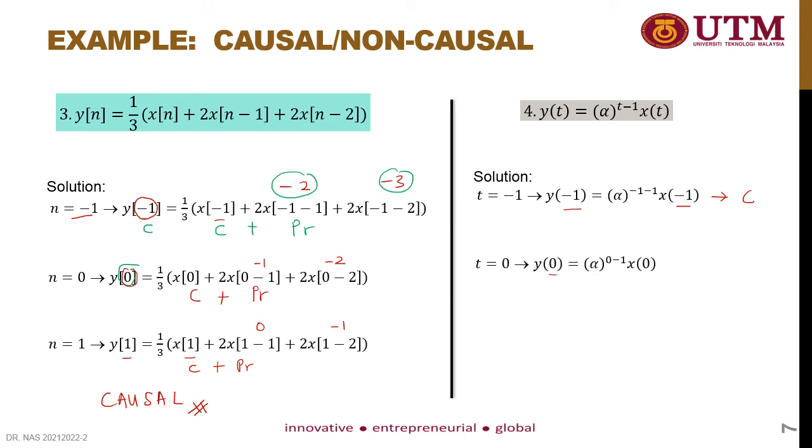The current state is 0, so you have also the input state at t equal to 0. So the system is also in current state. Next, when t equal to 1, this is the current state of the output, and the input is also at the same t value. So this is current state. Okay, again, when there are no future values, the system is again causal.